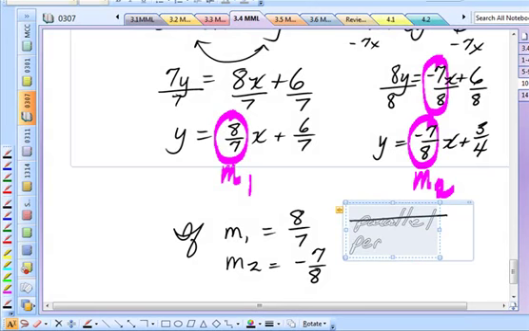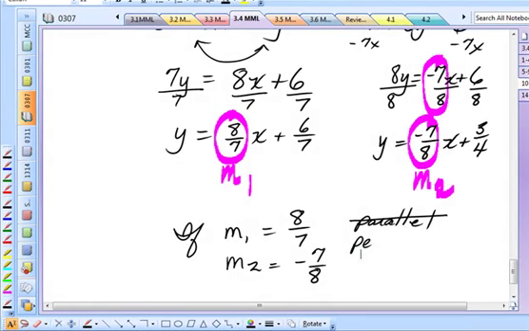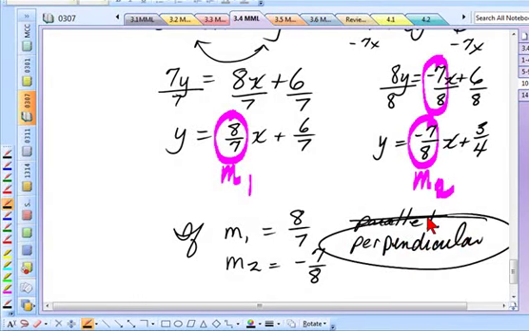The answer is yes. They are perpendicular because they are opposites and they are reciprocals. Opposite reciprocals.